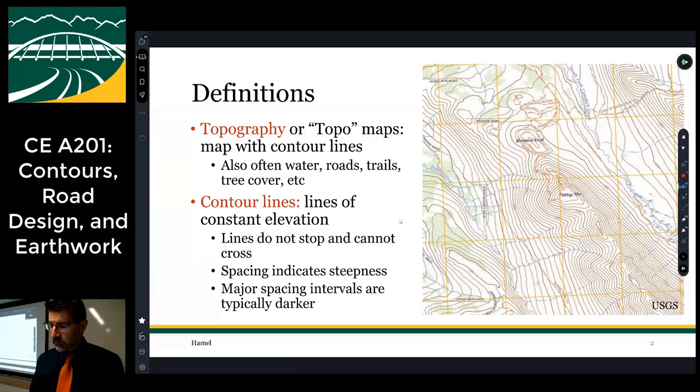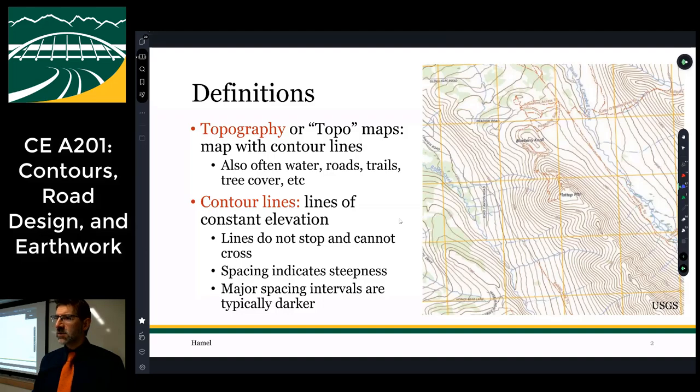Topography, or topo maps. I'm guessing that most, if not all of you, have had some experience with topography and topo maps. This is actually way more common than it was when I was your age, because of all the Google Maps and things. How many people have ever turned on the topo version of Google Maps?